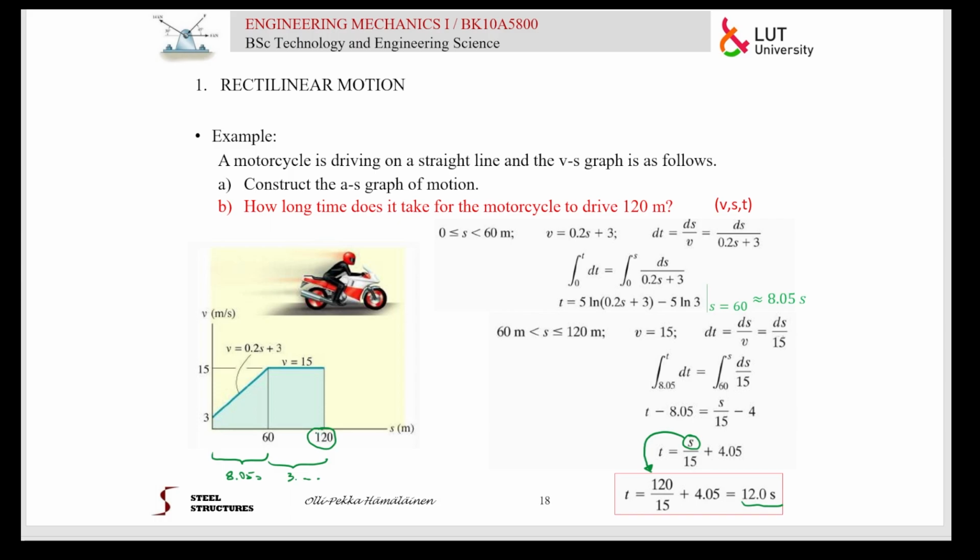And the key part here was that the limits used for the integrals are well framed in these segments, from 0 to 60 and from 60 to 120. Careful with this. What questions do you have?